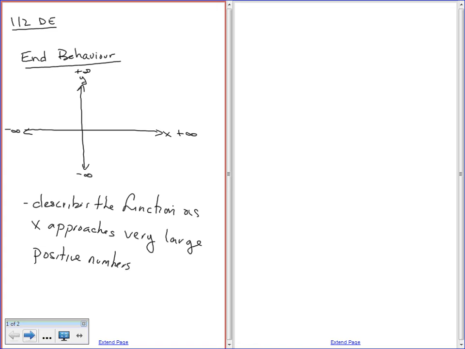Okay, so instead of saying as x approaches very large positive numbers, mathematics is all about creating symbols and symbolizing English words into symbols. So what I'm going to write is x, and then I'm going to use the arrow for approaches, and very large positive numbers we know would be positive infinity. Okay? So this means the exact same thing.